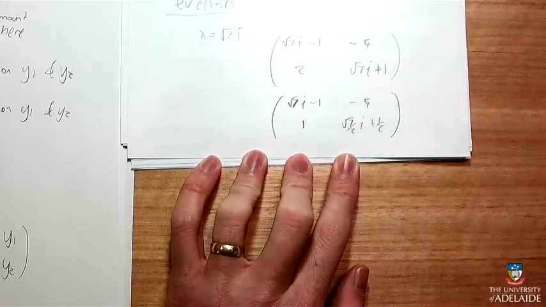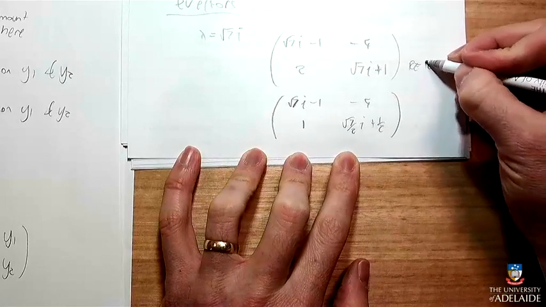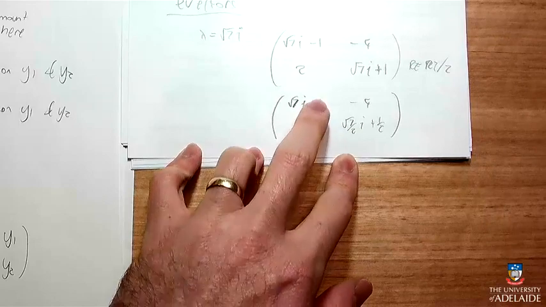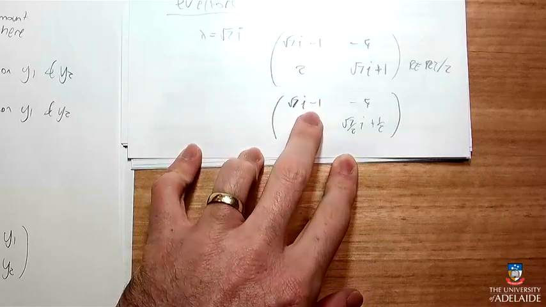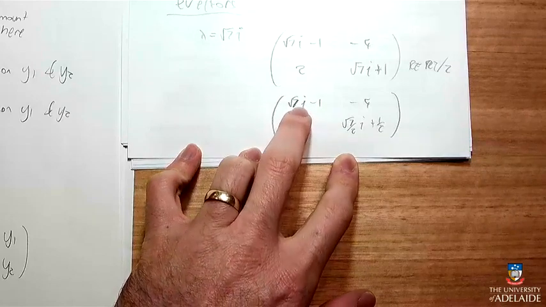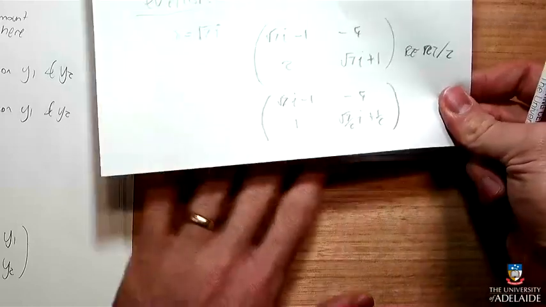So I've just done row 2 divided by 2. Okay, and now my top row should be a multiple of the bottom row. And so if I multiply the bottom row by root 7i minus 1, it should come out to the right answer. So I'm just going to see what happens.